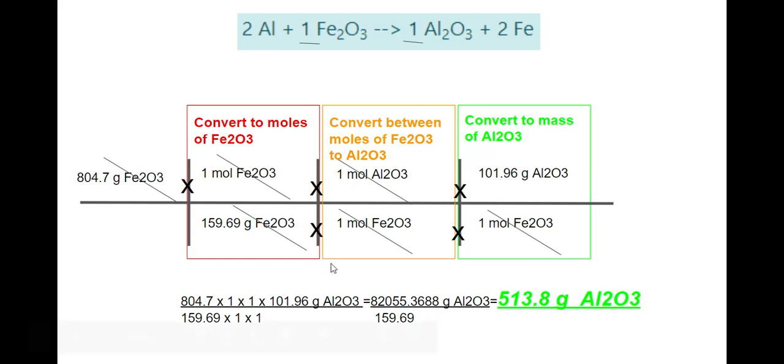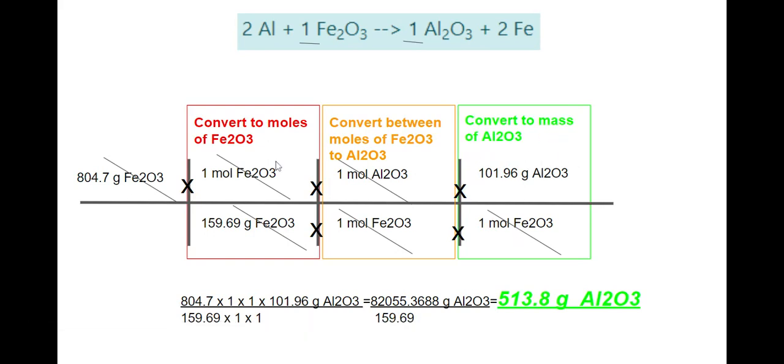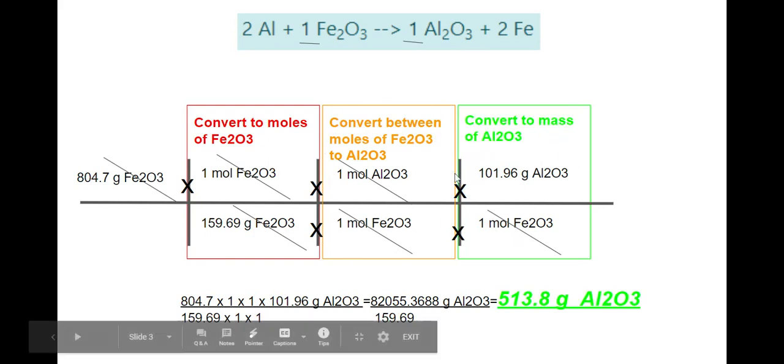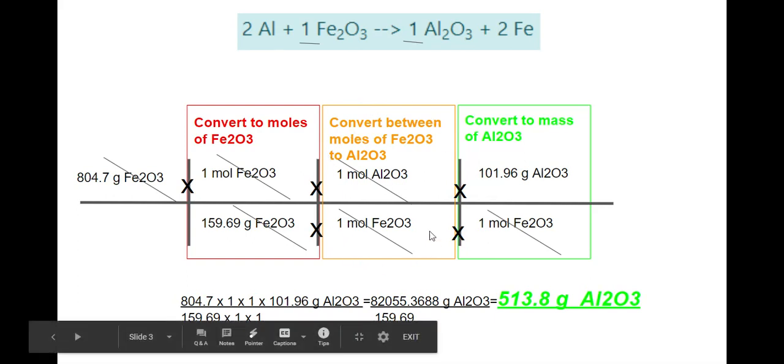So the only real new thing is this guy in the middle, where we have to convert between substances. Otherwise, you have converted between moles and mass. You can convert between mass and volume and particles. But right here in the middle is the newest thing, which is the big takeaway you need to get from stoichiometry.